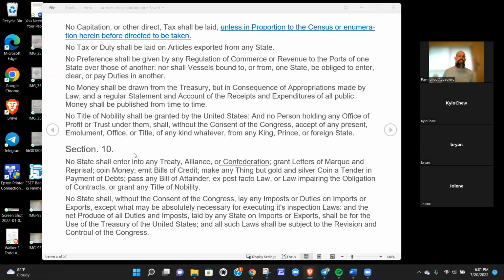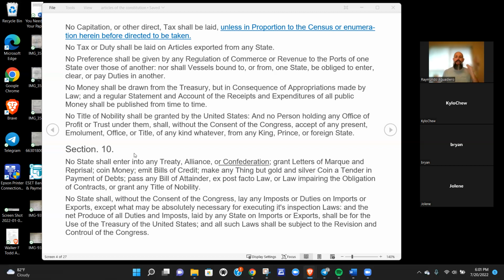No state shall enter into any treaty, alliance, or confederation, grant letters of marque and reprisal, coin money, emit bills of credit, make anything but gold and silver coin a tender in payment of debts, pass any bill of attainder, ex post facto law, or law impairing the obligation of contracts, or grant any title of nobility.